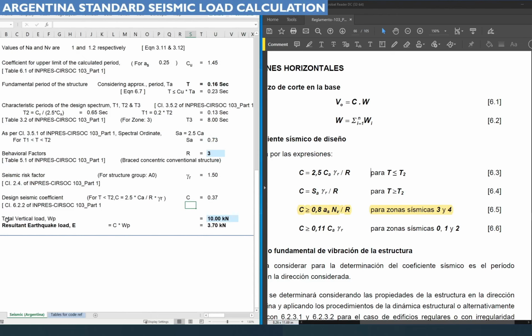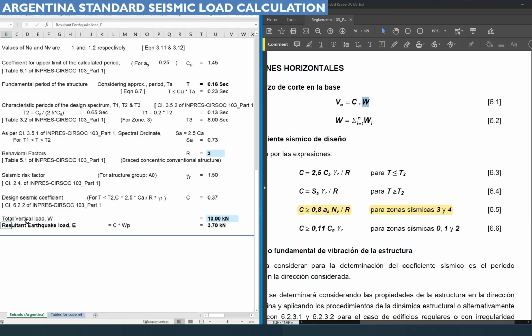So W is the total vertical load coming from the structure. Generally this vertical load is considered as the total dead load due to the structural elements plus additional load such as live load. Even some project owners ask to consider 50% of the live load or 20% of the live load along with the dead load.